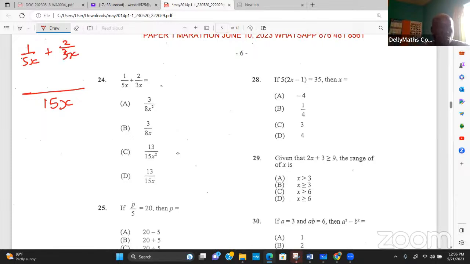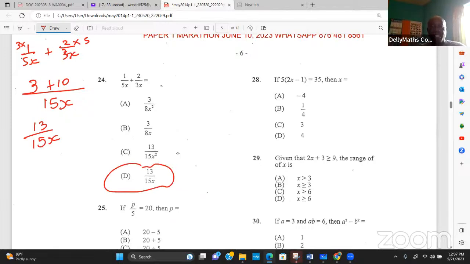So if I say 5x into 15, that's 3. 3 times 1, 3. And if I say 3x into 15, that's 5. 5 twos, 10. I am looking for 13 over 15 with an x, wherever that is. Here it is. That's our answer.